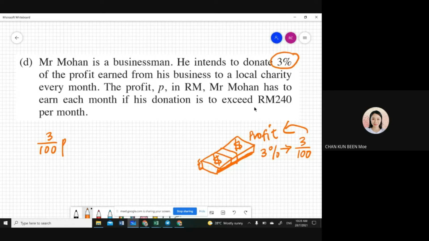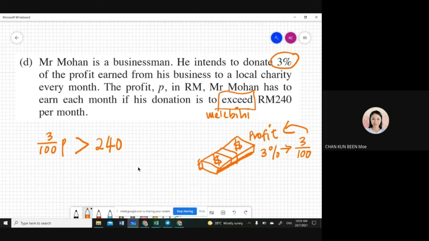Can or not? Exceed, in Bahasa Melayu, melebihi. So he cannot just donate 240. It must be greater than 240. Therefore, the symbol that we use over here is greater than 240. Do we need to write down the RM? No, we just write down the number only. So this is how we form the linear inequality.